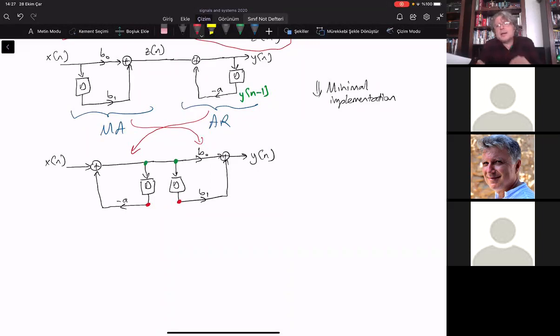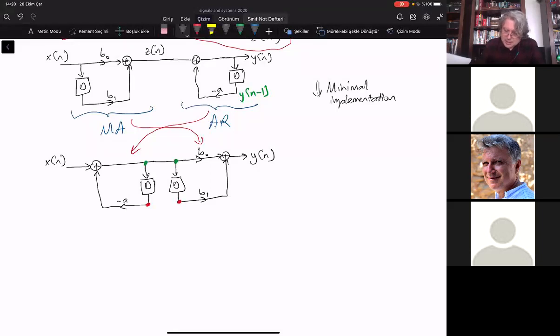So why am I generating two replicas of the same signal, the red signal, with a delay element from here and another delay element to generate another replica? These two red points are the same.